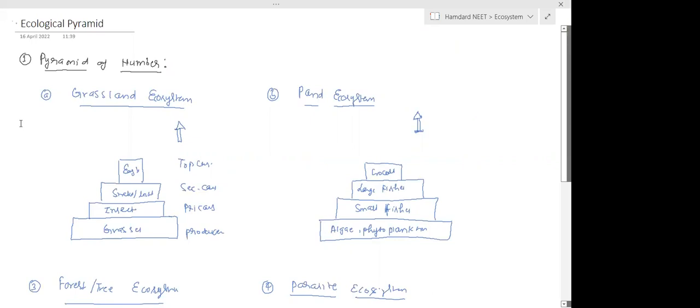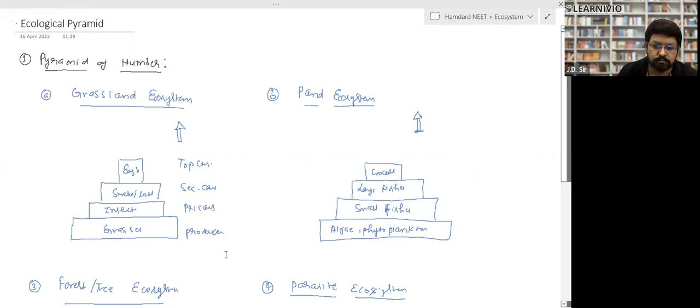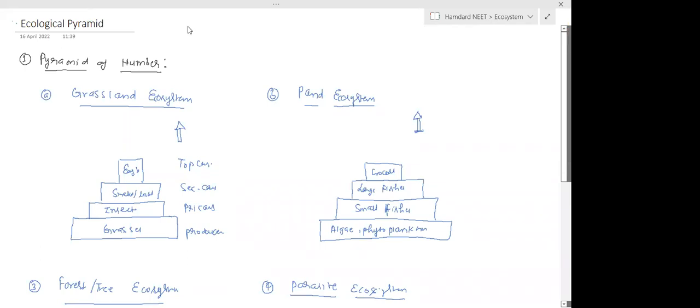Sir, are you screen sharing? I cannot see anything. It's due to the poor network. Let me switch off the camera. Is it visible to you now?